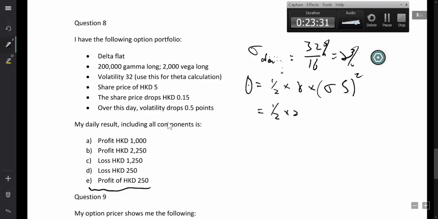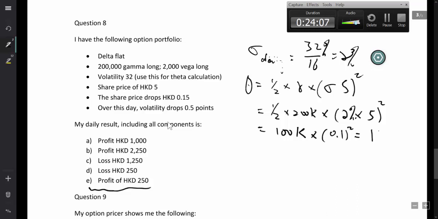So gamma, and then the vol is 2% times 5, so that's 100K. What is 2% of 5? It's 10 cents. It's the square of this, which is 0.01. So that makes it 1K. So that's theta out of the way.